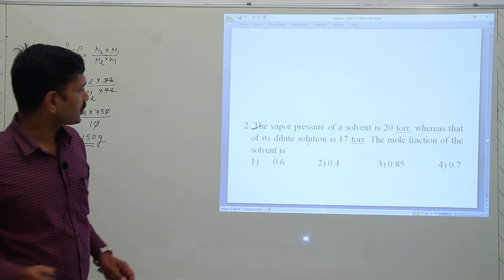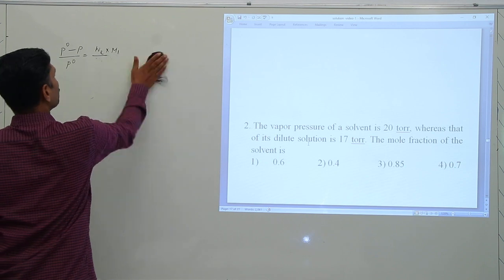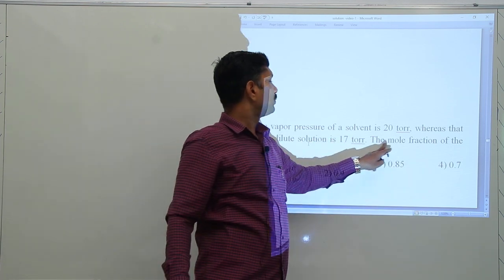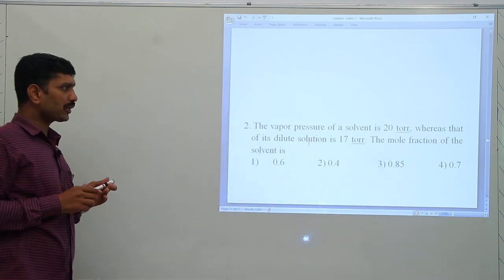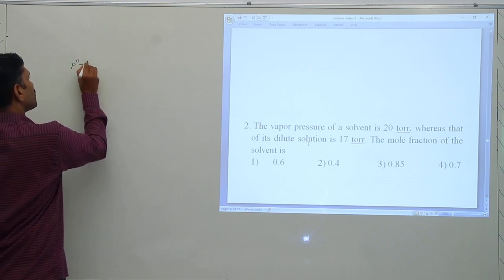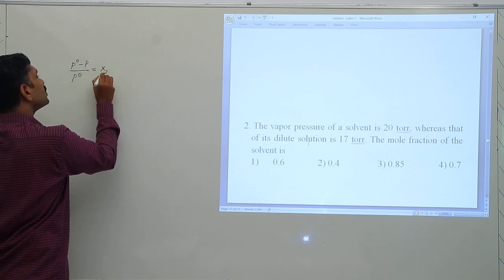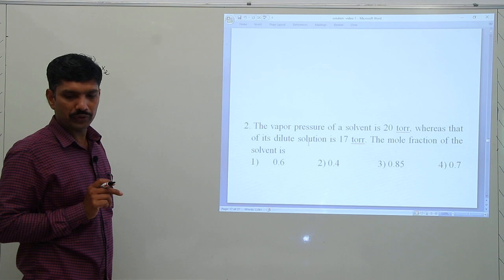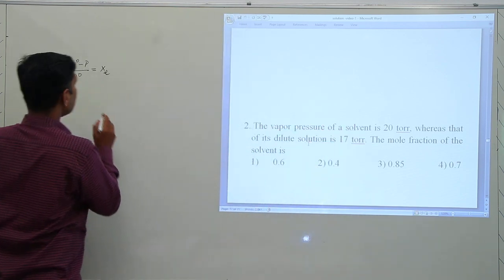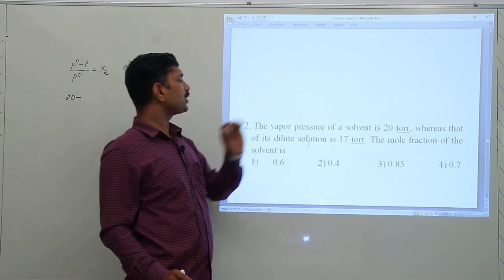In the next question, sir, the vapor pressure of the solvent is 20, whereas that of a dilute solution is 17. Find the mole fraction of the solvent. We know that according to Raoult's law, the relative lowering of vapor pressure produced by dissolving a non-volatile solute is equal to the mole fraction of the solute. Here P naught is equal to 20, and that of the dilute solution is 17.